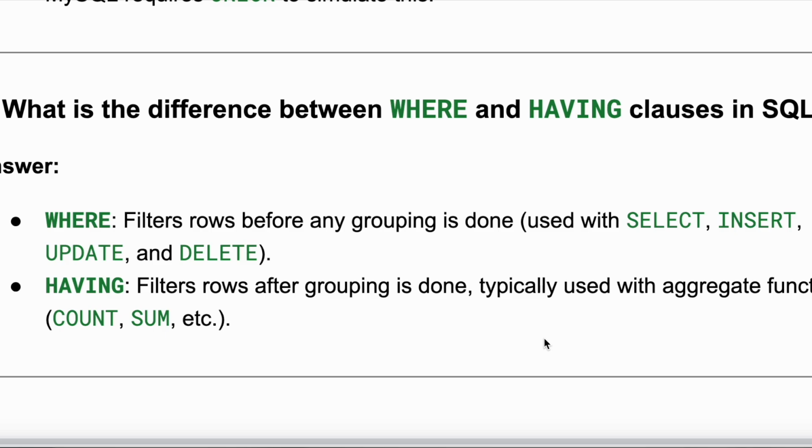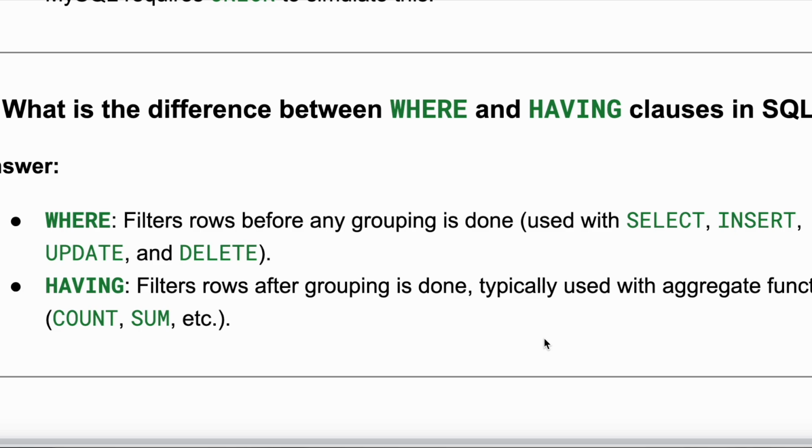And having is used to filter the rows after grouping is done, so it is typically used with aggregate functions such as count, sum, etc. You should know the purpose of these clauses when we write the MySQL query. That will help you to write the queries for your questions.